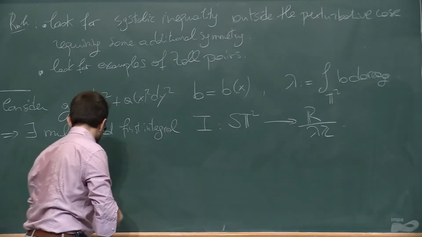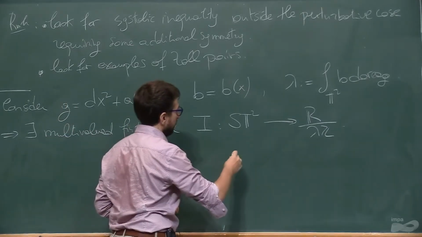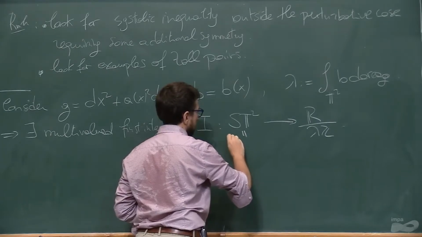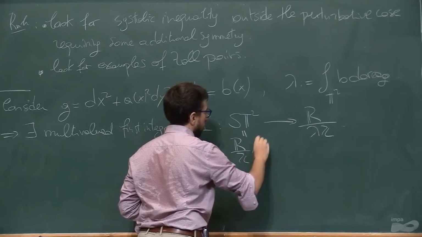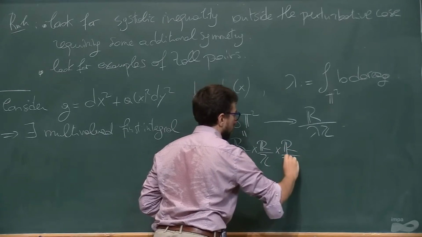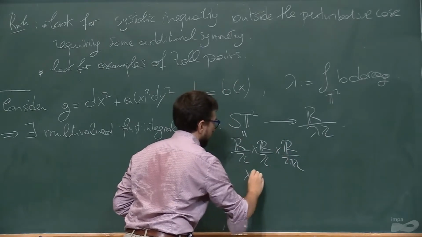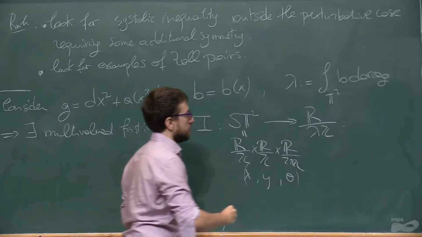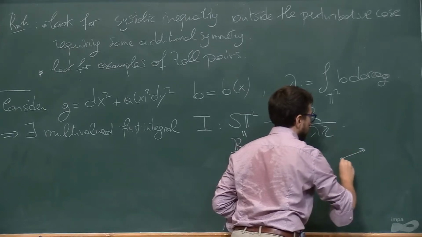And in order to write the function, let me write the unit sphere bundle as a product, where we have here x, here y, and here theta, where theta is the angle of the tangent vector with the horizontal direction.